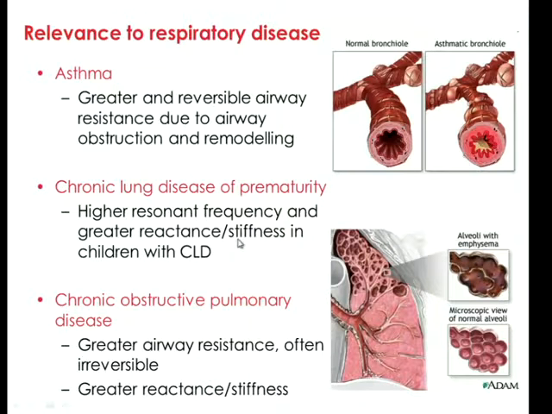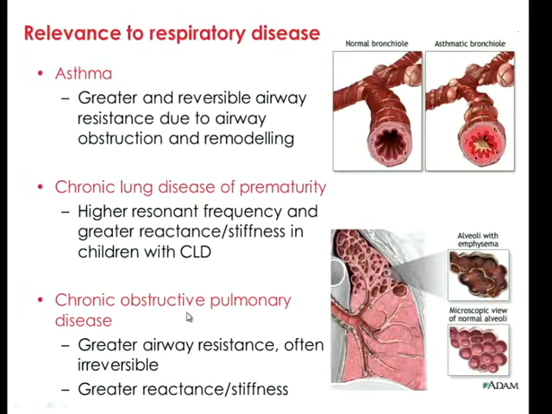In kids who are born premature, for instance, we've shown that they tend to have a high resonant frequency. I haven't really talked about resonant frequency at all. But it's higher in kids who used to be born premature and have a chronic lung disease associated with that prematurity. They also have a greater stiffness in their lungs. Chronic obstructive pulmonary disease is another example.